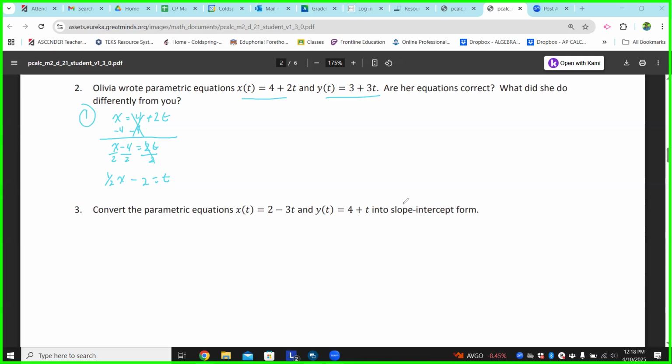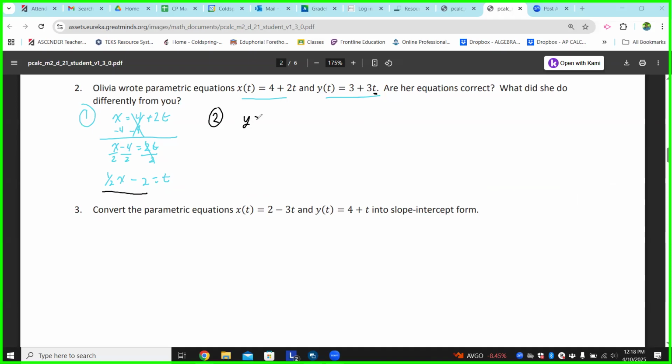Step 2. You're going to take this t equation you just got, and plug it in for the t of the y equation. By doing this, you will develop a y equals mx plus b equation, and we can compare that to our 1A and see if it's the same equation or not, to see if Olivia is correct.